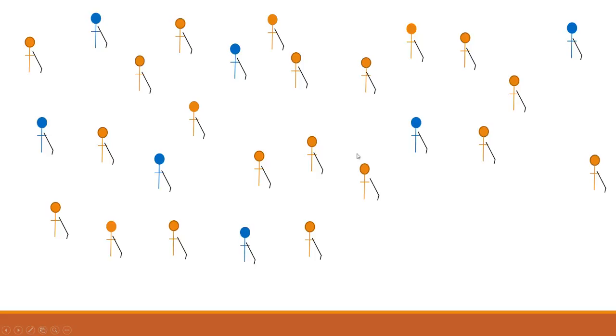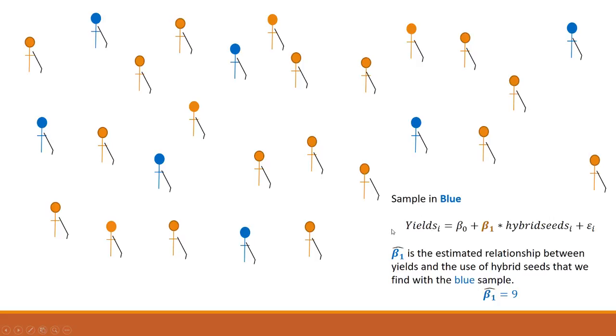We collect data from these blue farmers, we estimate our model, and we find an estimate, beta 1 hat. Beta 1 hat is the estimated relationship between yields and the use of hybrid seeds that we find with the blue sample. Let's say the blue sample gives us an estimated beta 1 of 9.